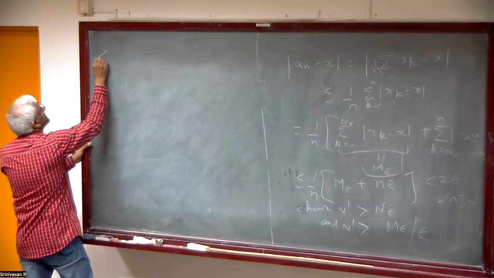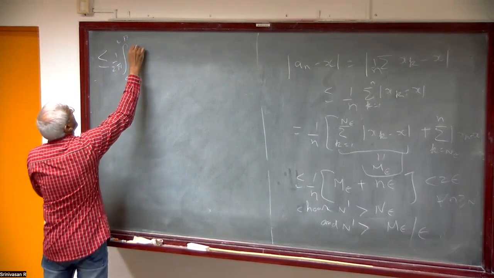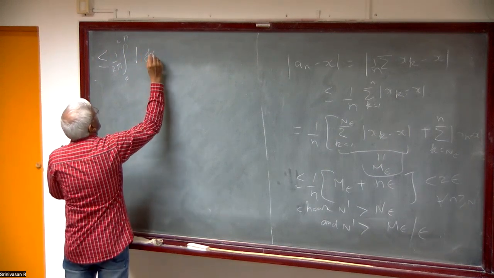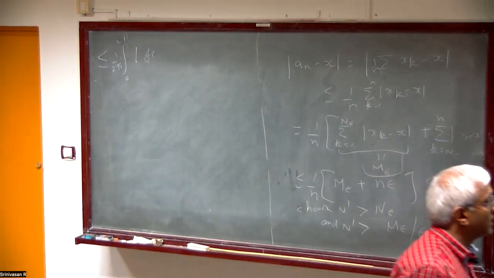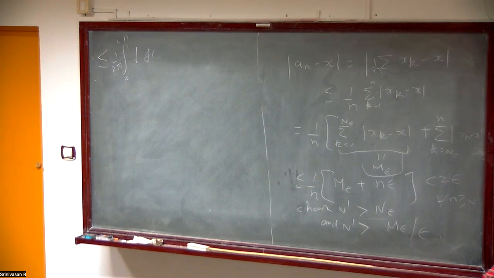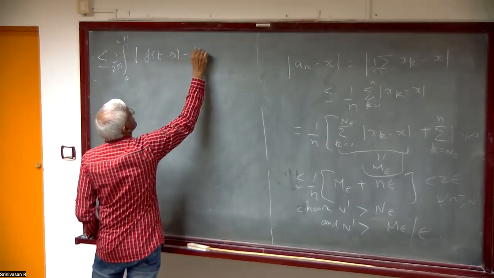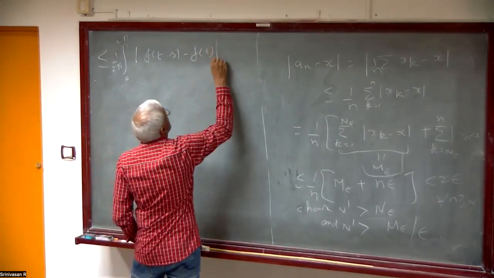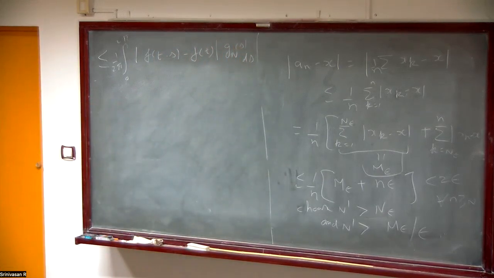So whatever I have is less than or equal to, I take the modulus inside, integral 0 to 2 pi, 1 by 2 pi, mod of g_n is positive, mod of f(t minus s) minus f(t), times g_n(s) ds.